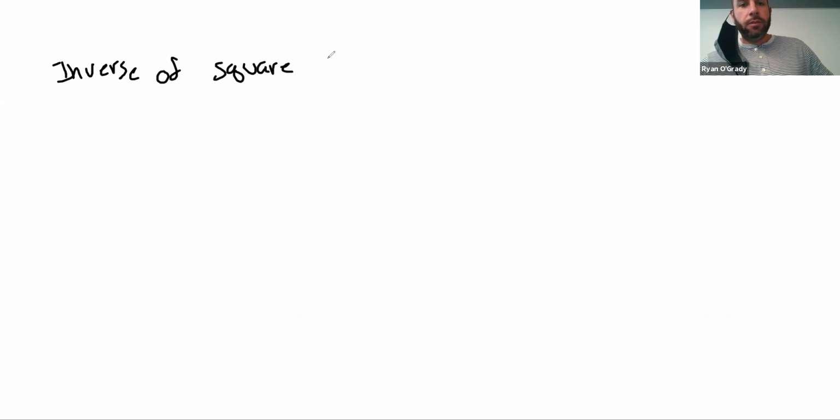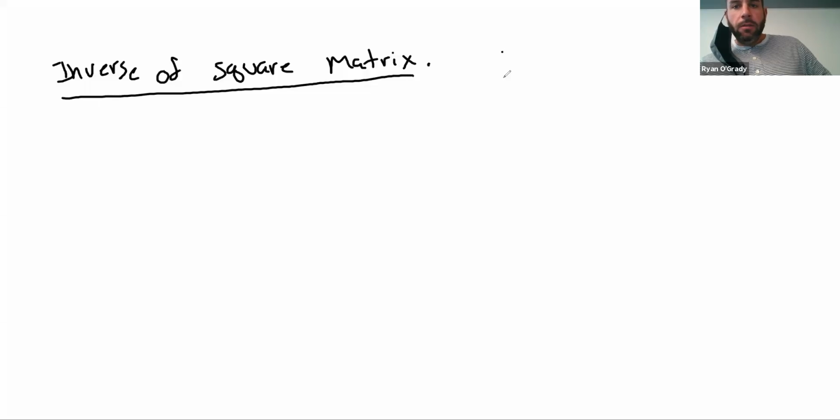Now, another thing that I asked you to define is what's called the inverse. This is important: you have to have a square matrix for an inverse to exist. This is analogous to multiplicative inverses.